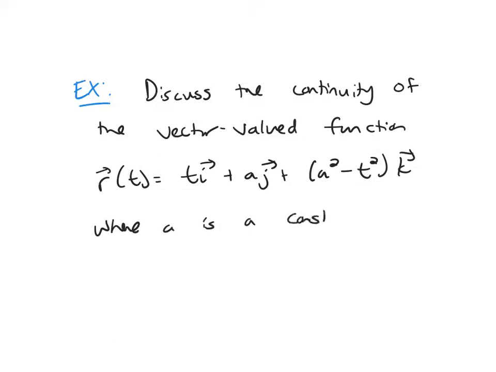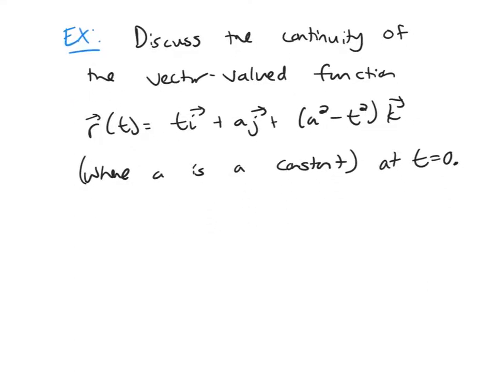constant, at t equals 0. So we're going to start by looking at the limit as t goes to 0 of our vector valued function.